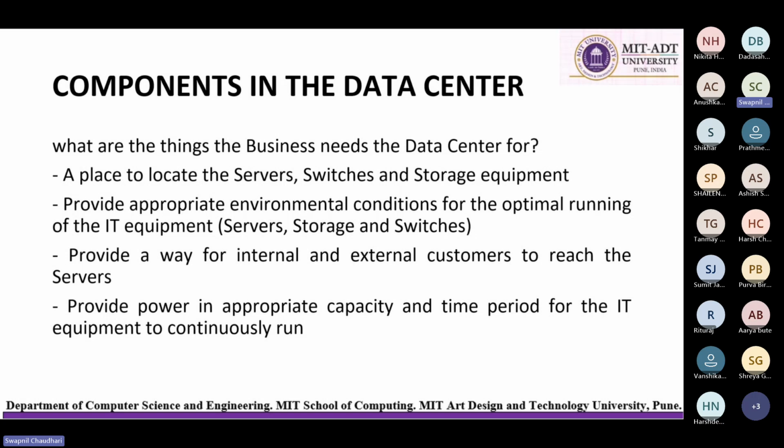Take an example: imagine you are using a laptop and it becomes very hot after long use. Now think about a rack with 50 servers running continuously. The amount of heat generated is very large.